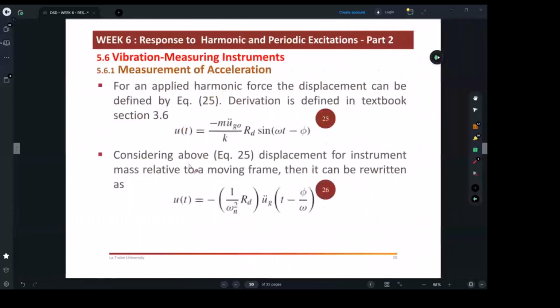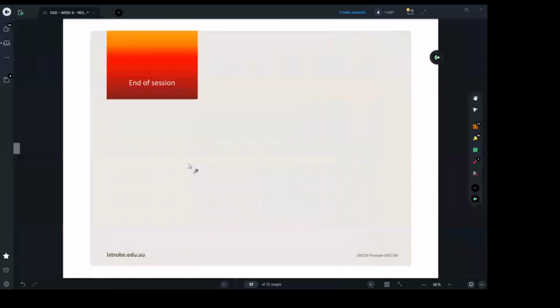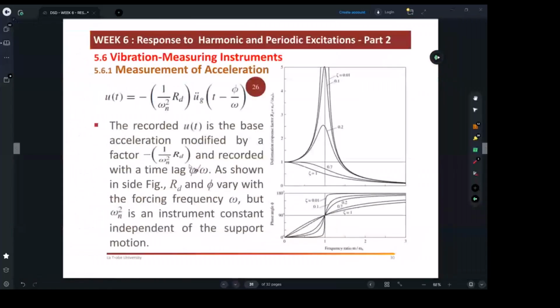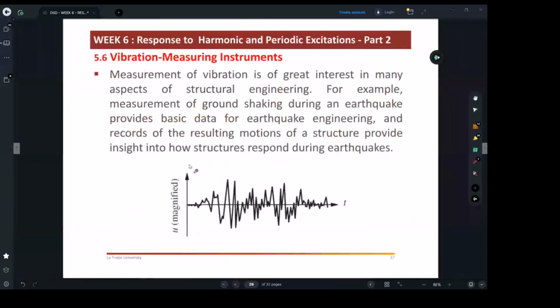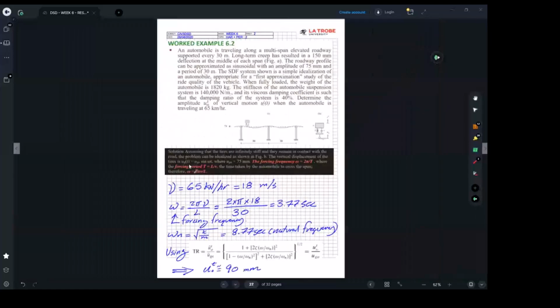All right, the last application we are going to talk about in this topic has to do with the measuring tools you can use as a researcher.